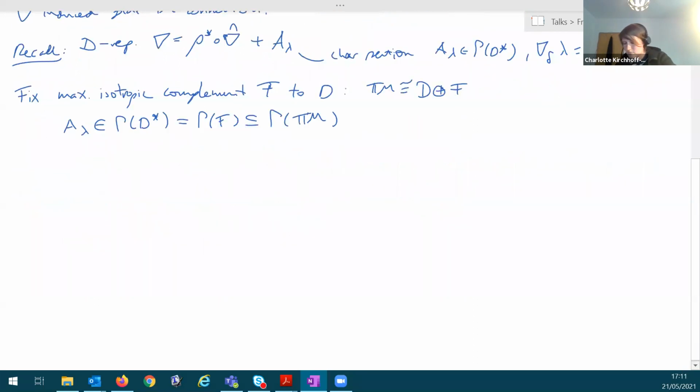So why do I want this? Because I essentially want to also consider something like a modular foliation, and where we earlier had the Poisson structure on the total space of the module, I now want to consider a Dirac structure for the total space or the Atiyah algebroid of the module.